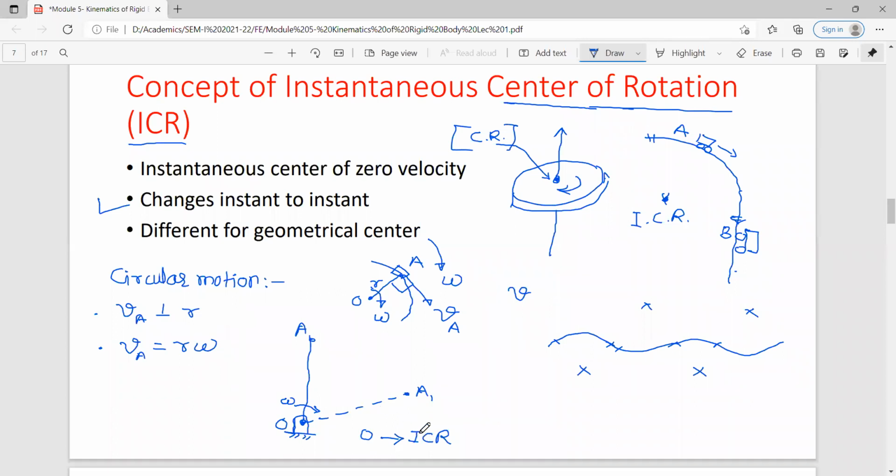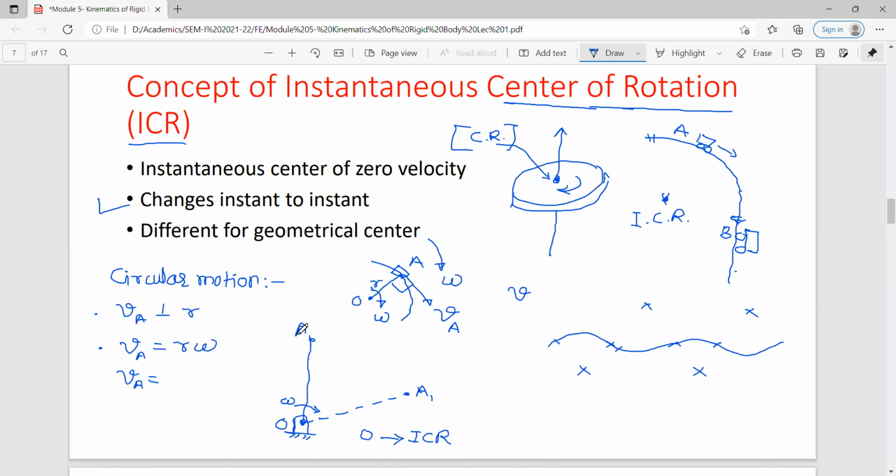If I say find out the velocity of point A on this link, you will see I have to find out the velocity of point A. So what is point A doing? It is moving along the circular path. So I will apply the formula of circular path. Velocity of point A can be found using this formula. I know it: radius multiplied by angular velocity of the link.